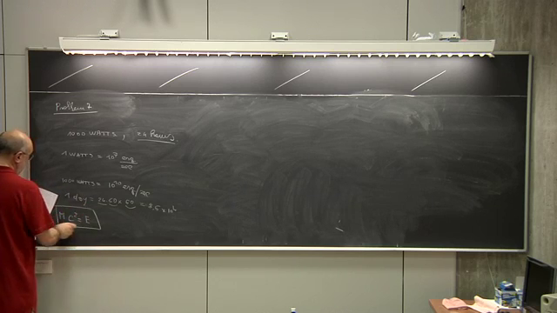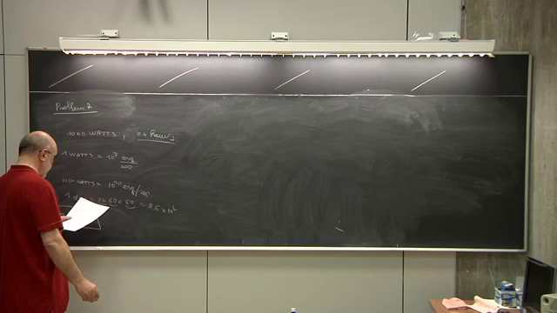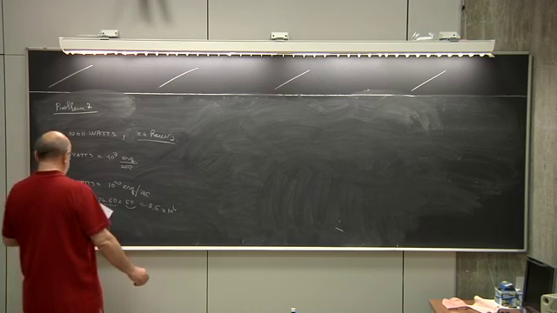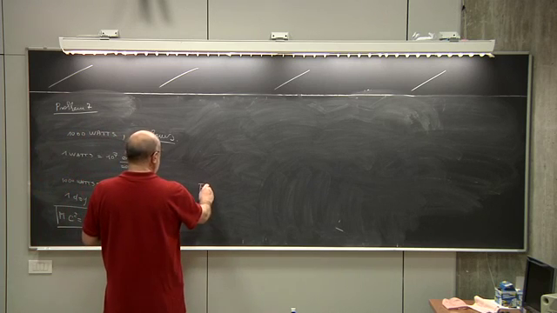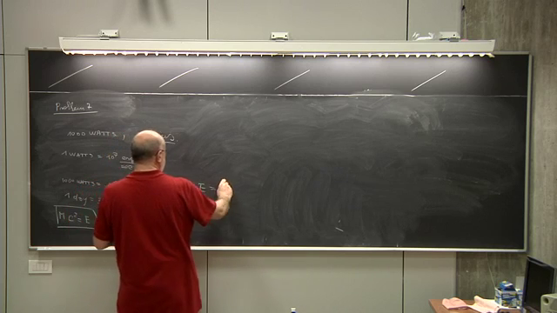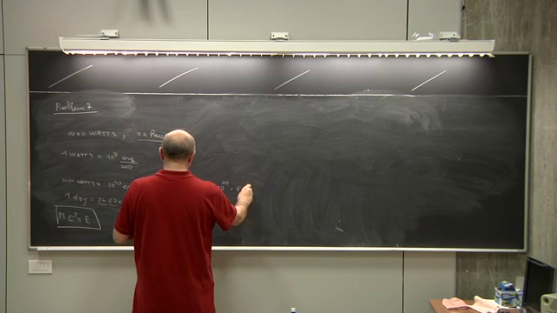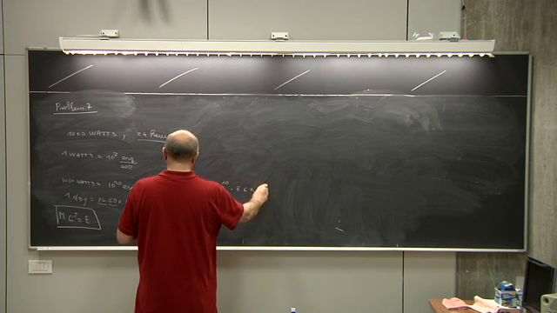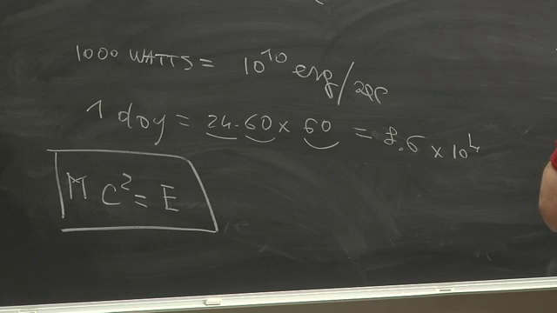So when they ask you the mass equivalent, you use this relation. So this is 1 day, so the total energy emitted is 10 to the 10 erg per second times 8.6 times 10 to the 4. And so you get 8.6 times 10 to the 14 erg.